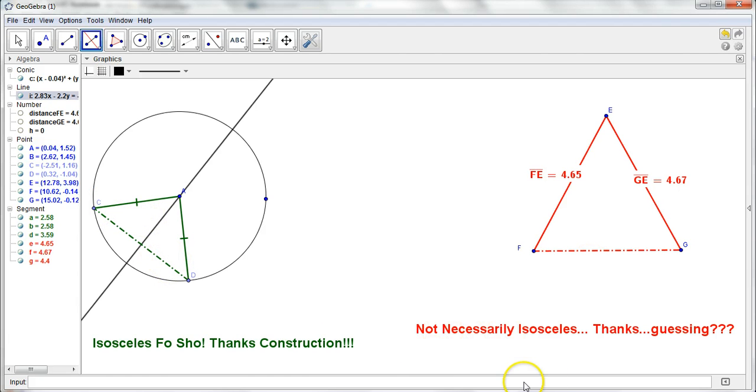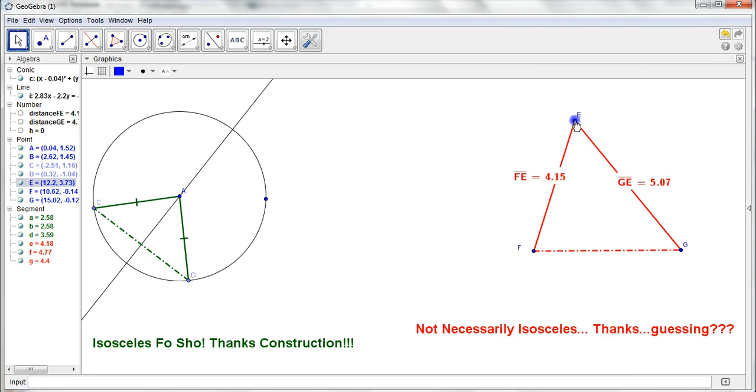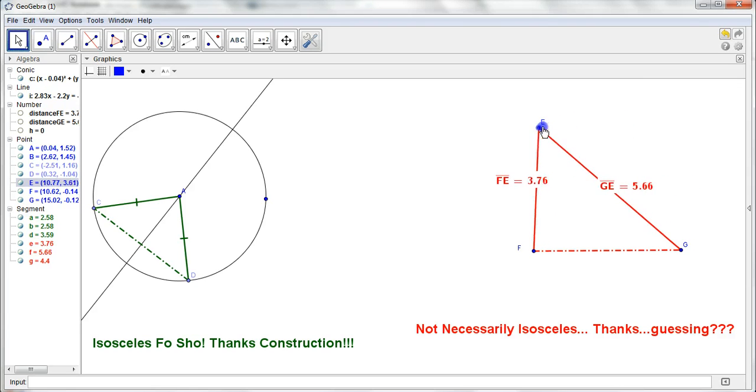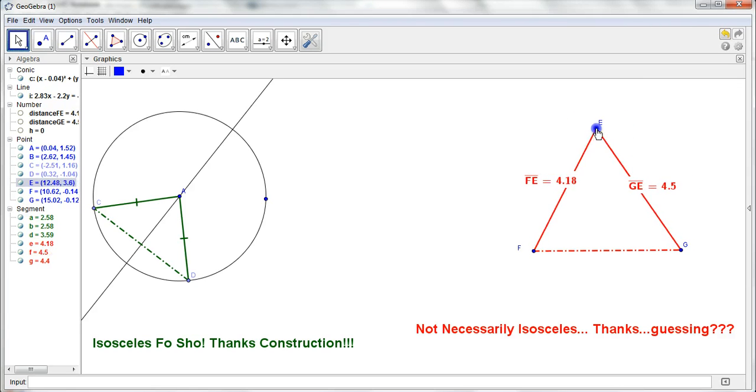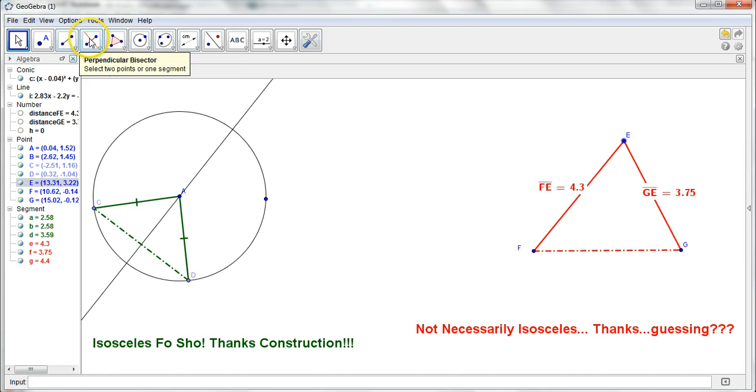Now, this other side over here, I wrote "not necessarily isosceles, thanks to guessing," because if you just try to construct segments that look like they're going to be isosceles, it's really hard to get exact, right? So I can try to move these around and line it up until I get these segments to be equal length, or I can just use properties that we talked about.